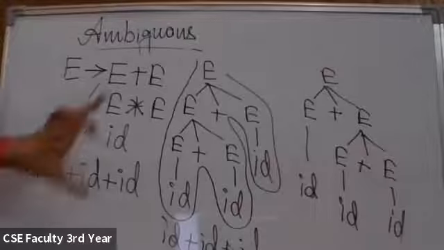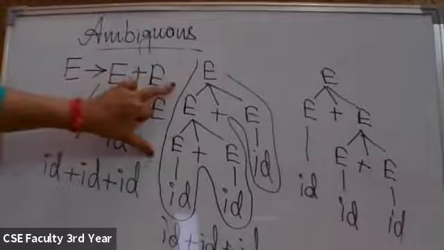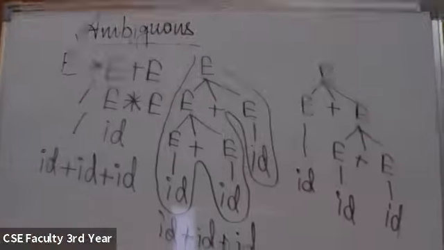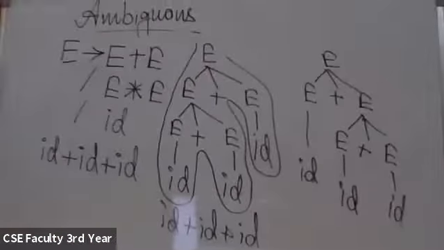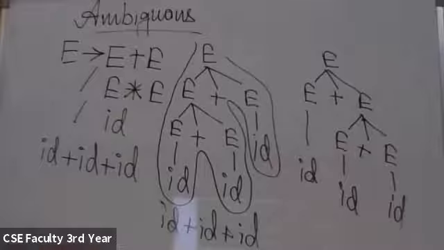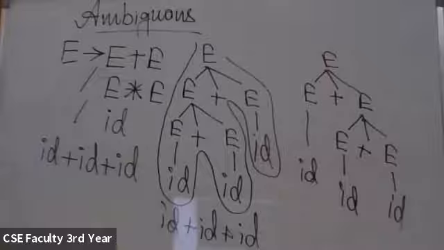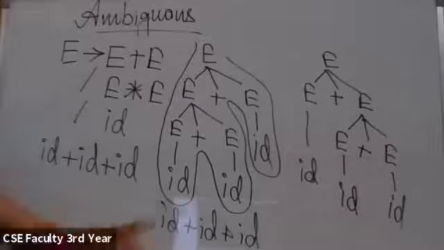Now you see, in this parse tree, yes, we are obtaining ID plus ID plus ID. But then, given this as the operator and these as the operands, if we try to understand the associativity, then what is the associativity of the operator plus?